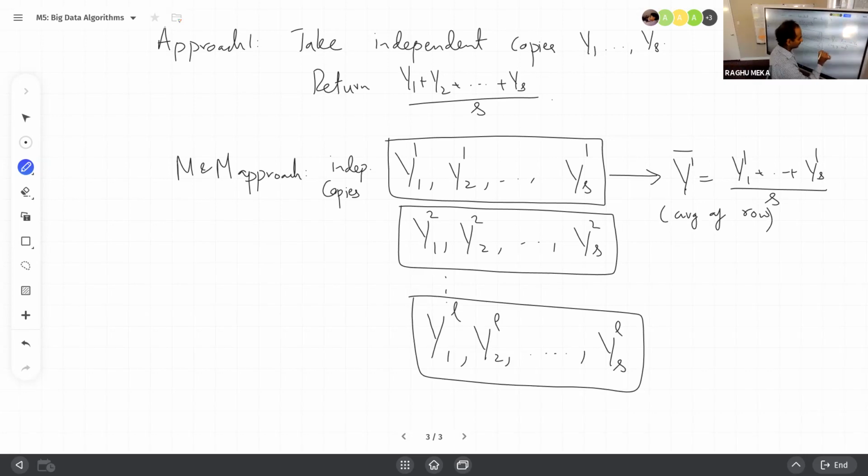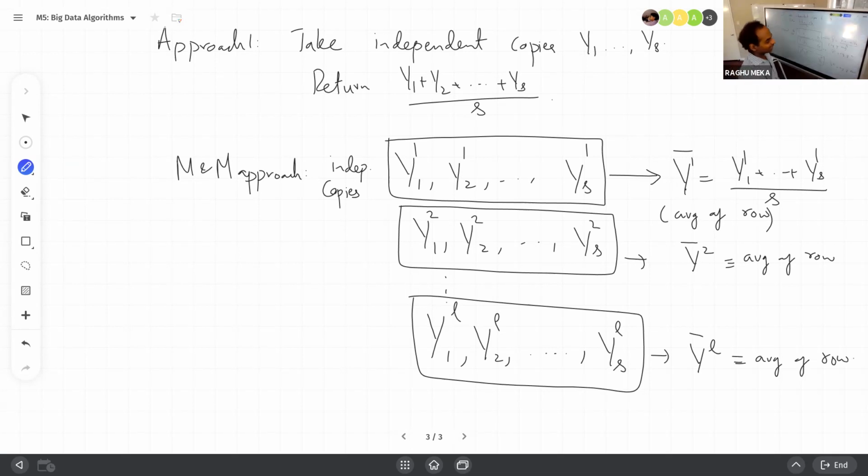And then after doing all of this, if I just take the average again, I'm computing the average of the whole set of numbers.